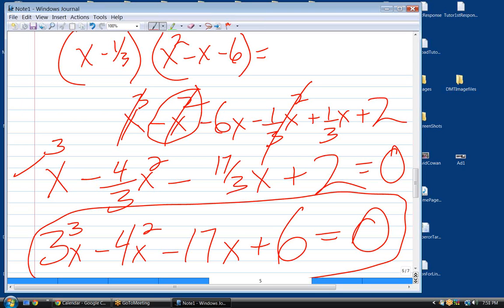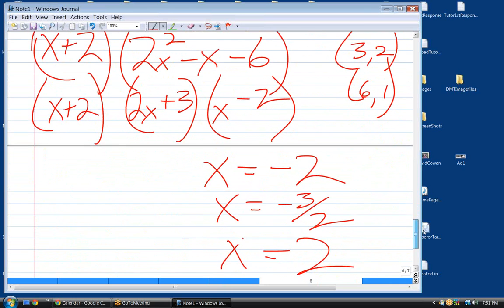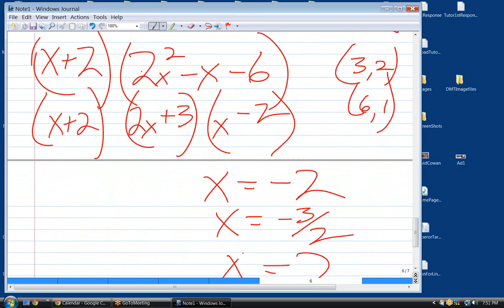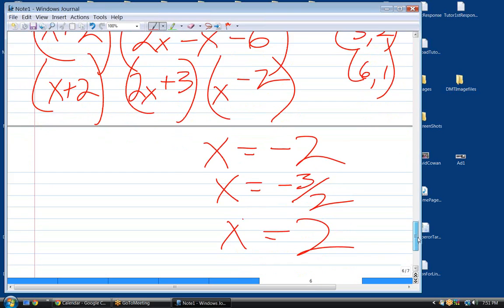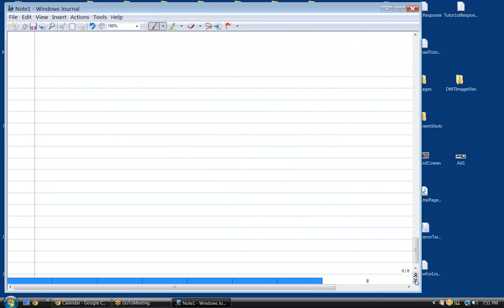So it's good to know that if you have one solution of a cubic, you can solve for all three, because you can always reduce it to the quadratic, and then you can use the quadratic formula if necessary. If that thing didn't factor nicely, I would have just plugged it into the quadratic formula to come up with my other two solutions.